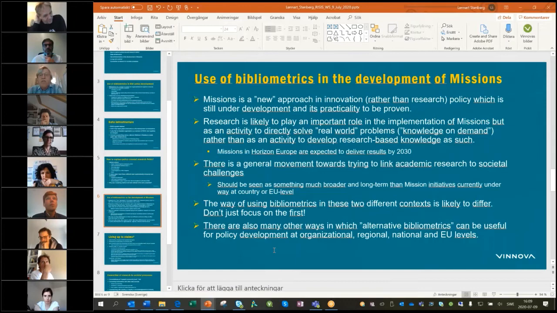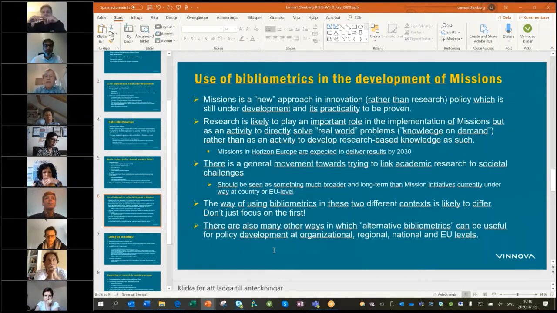We're doing that at VINNOVA, and it's being done at the European EU level and in some other countries. But we are at a very, very early stage, and whether this will work, how it will work, and what it will mean in the end is very much an open question. So we cannot say that this is an established policy approach, really. I think that's important.